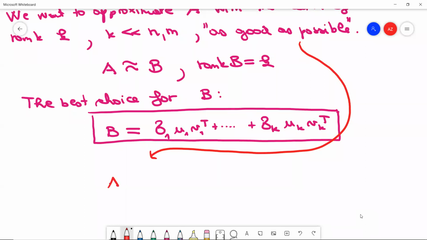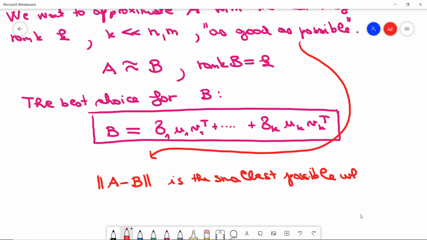This means that A minus B, so this is some matrix, and the norm of this matrix is the smallest possible, when B runs over all rank k matrices.